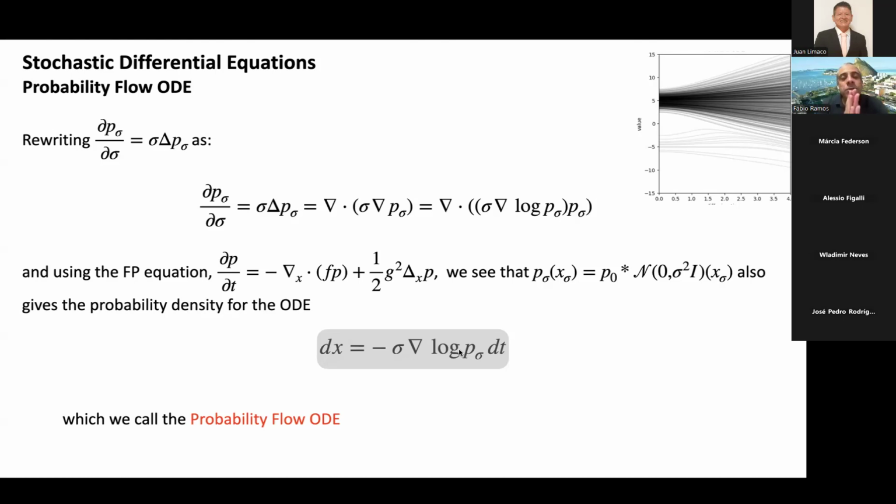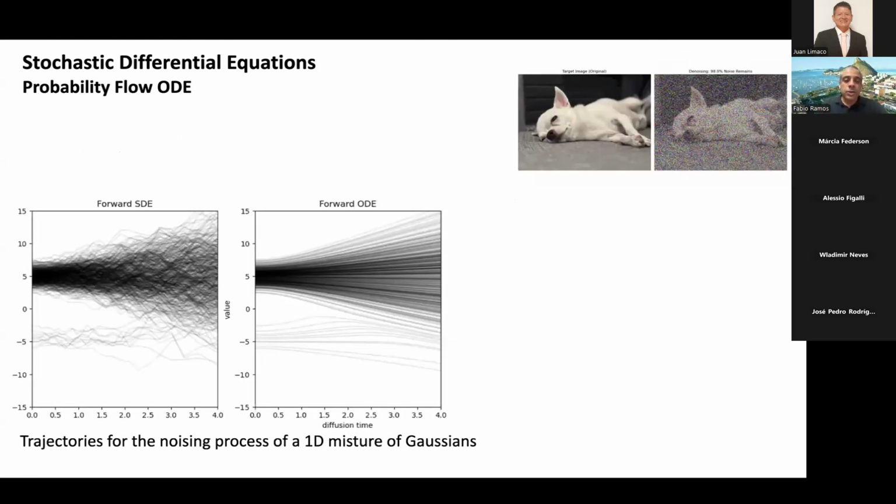So my marginal distribution of everyday noise can be seen through two angles. I'm moving forward with this diffusion SDE, or I am moving forward with an ODE following this vector field, which is our score function. So that's how the score function shows up. So I can add noise by solving this SDE or moving my initial probability distribution with an ODE.